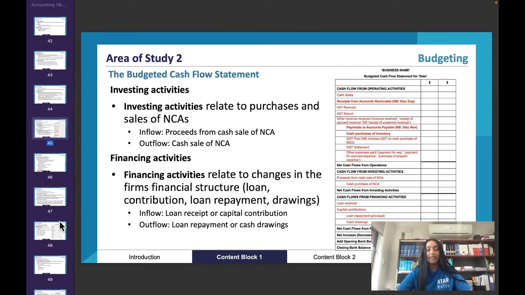And financing activities is inflows and outflows related to transactions that change the financial structure of the business, which includes transactions related to loans, contributions, loan repayments, and drawings.